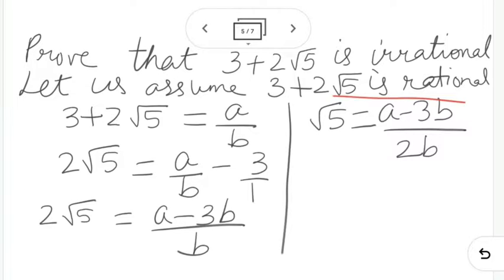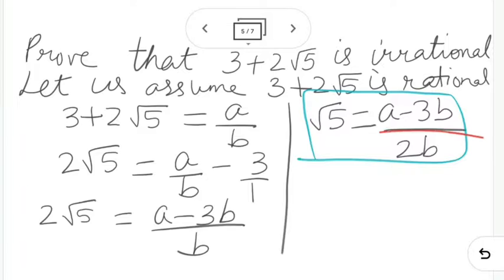Now what do we understand from this equation? From this we see that root 5 can be written in P by Q form. Now you know A, B, what we have taken in the beginning, they are integers, co-prime integers.